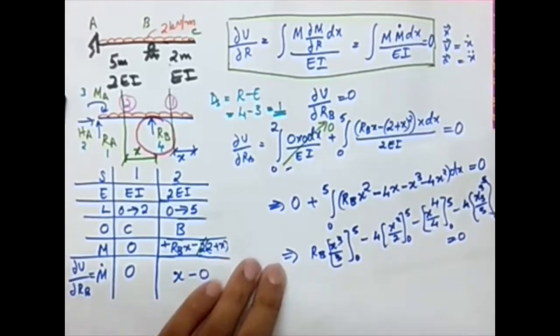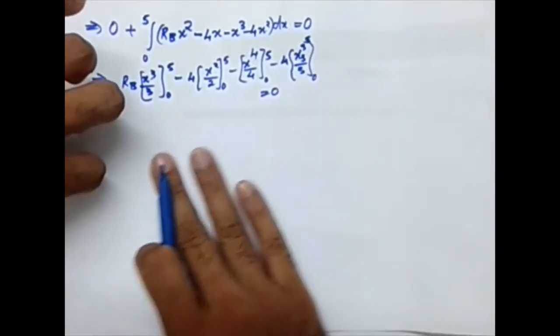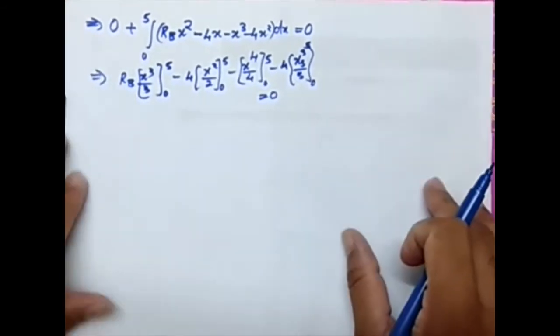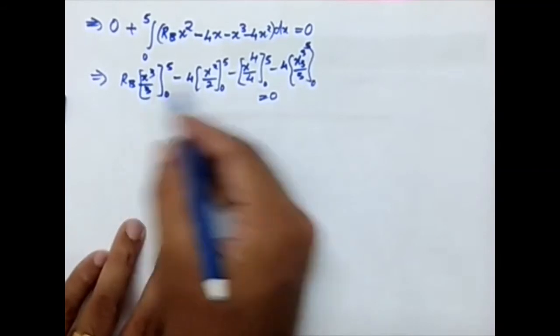Now we can just move to the whole page. So we have the values and we are going to continue calculating the value for RB. Fine. So we have this. Now I'm substituting the value.